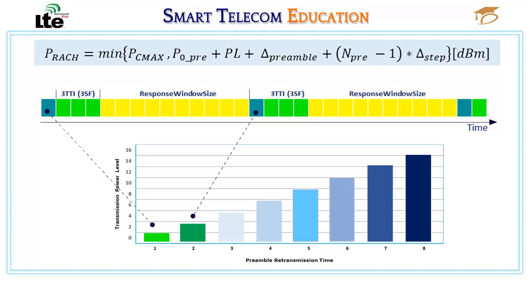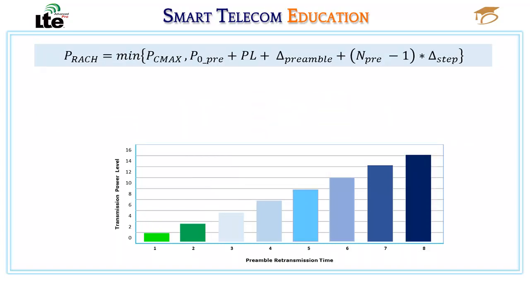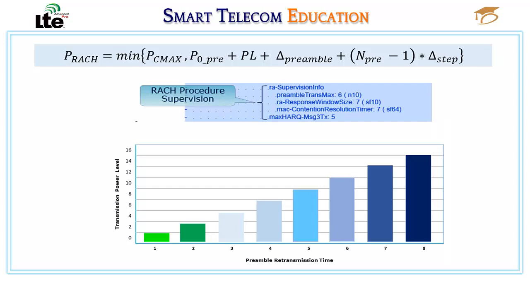If there is no random access response received by the time preamble transmission max has been reached, the random access process will be stopped and higher layers will be informed. The value of the random access response window size is received in System Information Block Type 2.